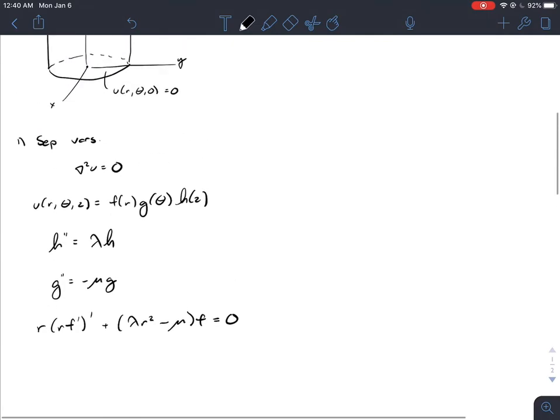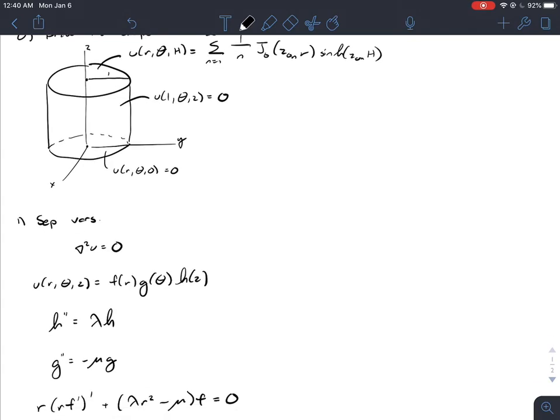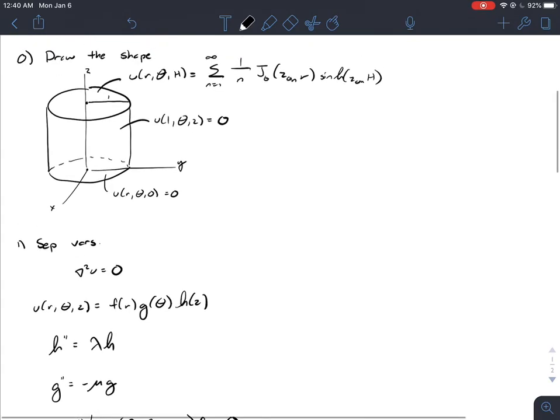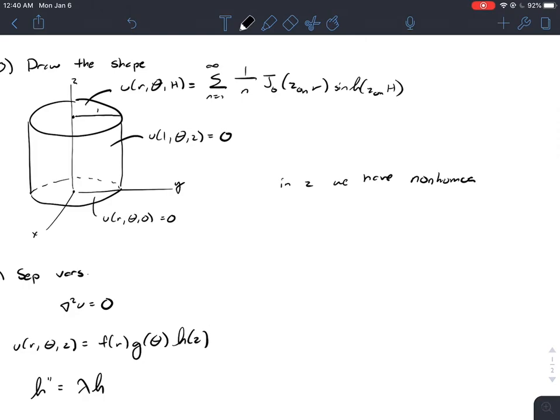So let's take a look at these individual differential equations, and before we proceed to step 2 and solve them, let's try to understand them a little bit. So remember in z, we have non-homogeneous boundary conditions. So therefore, we want exponential solutions in z.